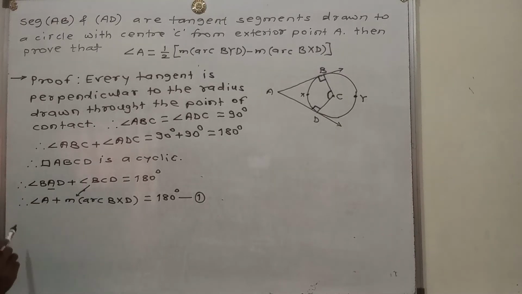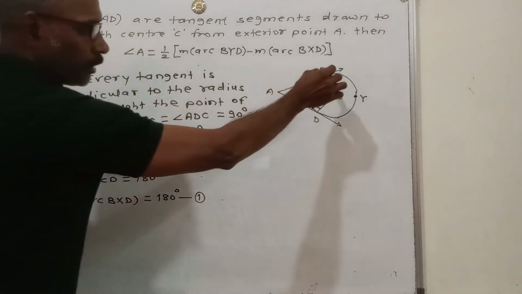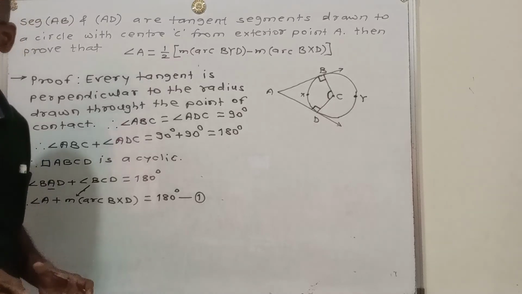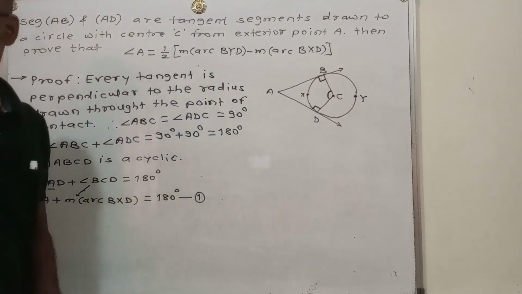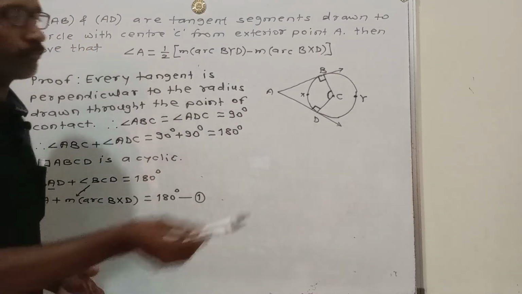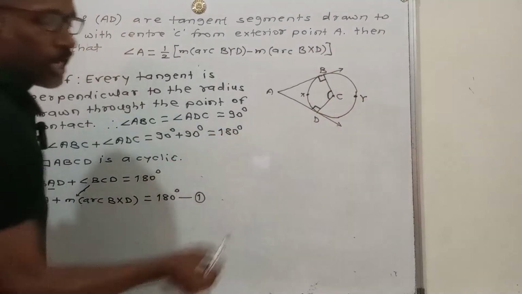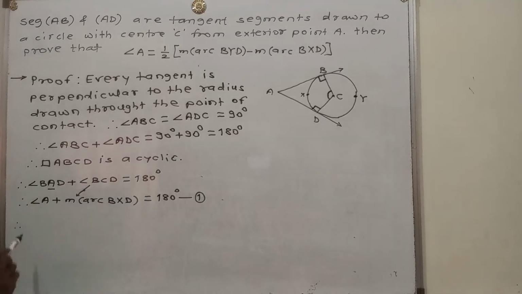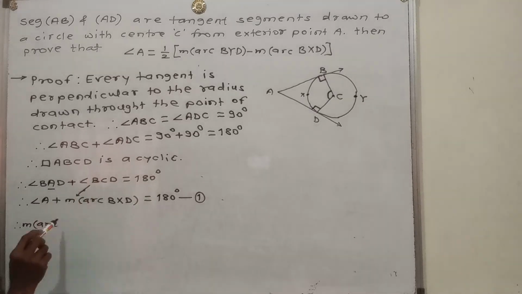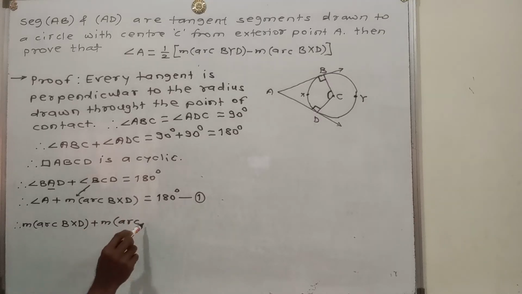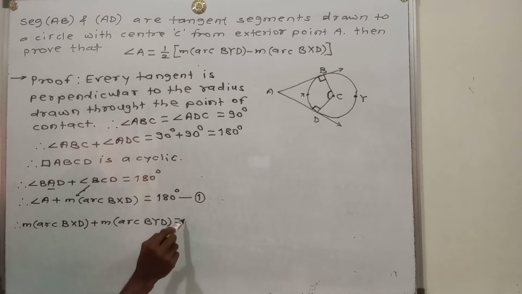Did you get it? Now see this, very important. The sum of the measures of arcs, minor arc BXD plus major arc BYD, is 360 degrees.